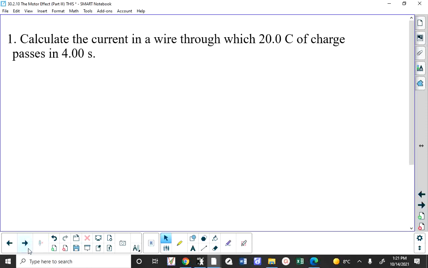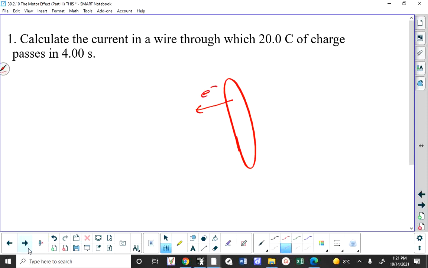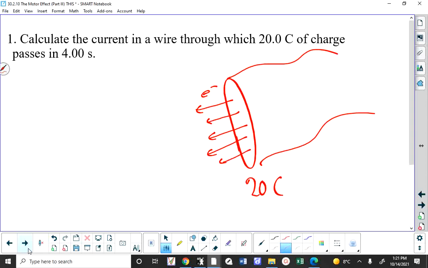question. What's the current in a wire if here's a cross section of the wire? If you have electrons passing through that cross section of the wire and you have 20 coulombs of charge moving in 4 seconds.